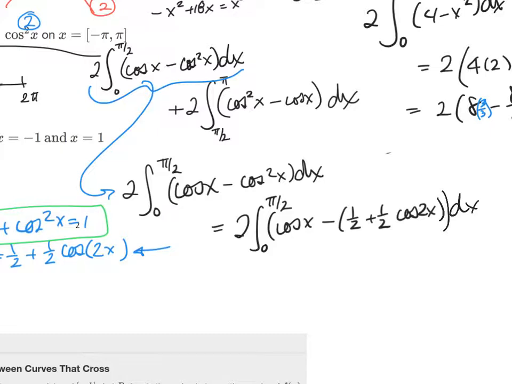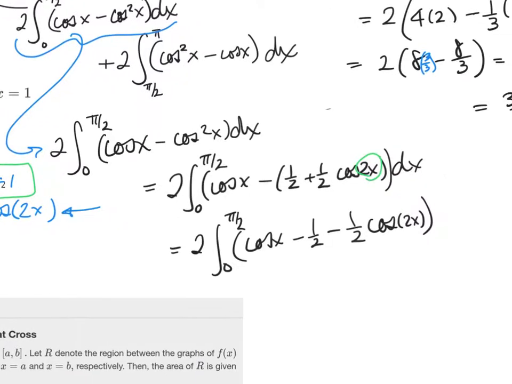And then it's not too bad of an integration, because I just have to worry about the fact that when I did the derivative, I'd better have had 2 there. So it's just a matter of doing the angle here as an adjustment. So I'm just going to rewrite this as 2 from 0 to pi over 2 of cosine x minus 1/2 minus 1/2 the cosine of 2x dx.